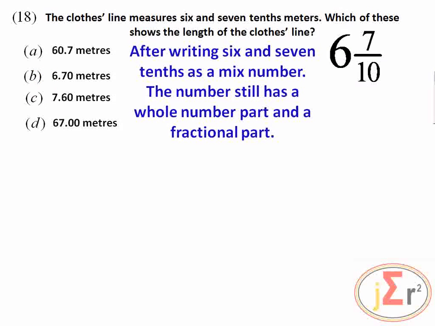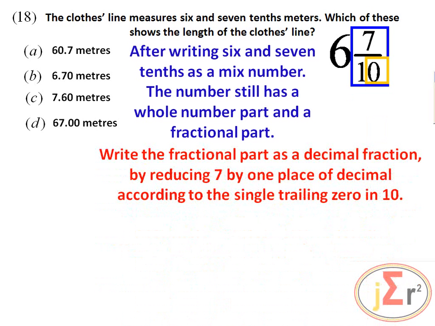After writing 6 and 7/10 as a mixed number, the number still has a whole number part and a fractional part. We have written it already in vulgar form. Write the fractional part as a decimal fraction by reducing 7 by 1 place of decimal, according to the single trailing 0 in 10.